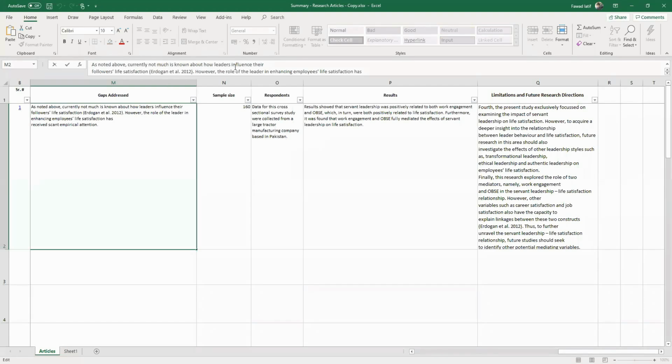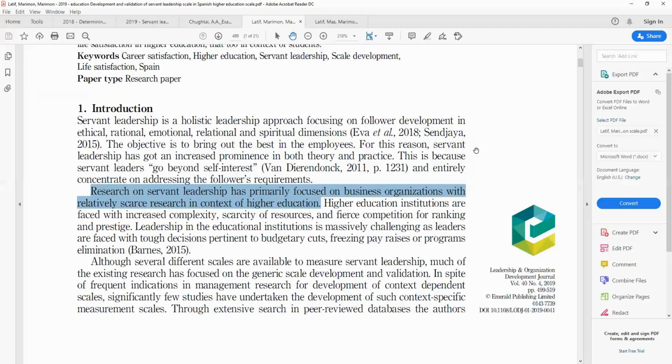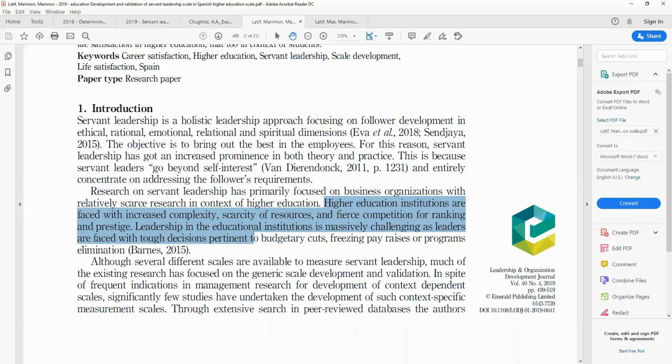So you can use these arguments when expressing the gaps prevalent in existing research and giving a guideline about your research. Why is it important to study higher education institutions? And why is leadership important in higher education institutions? Now you are giving legitimacy to your research.